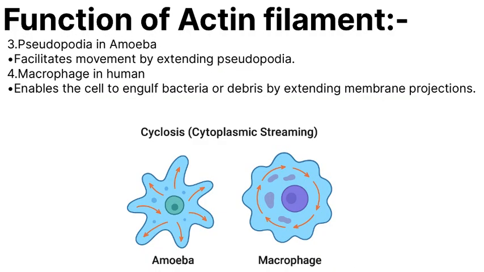rather than a visual cytoplasmic flow. Actin filaments are also involved in cell movement or locomotion and in shape changing. For example, we have pseudopodia in amoeba. We all know that amoeba is a unicellular organism that moves by amoeboid movement, where the cytoplasm continuously flows in the direction of movement by forming pseudopodia, which are the false feet of the amoeba.